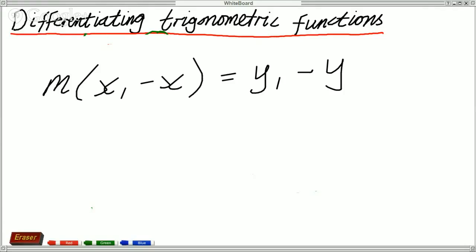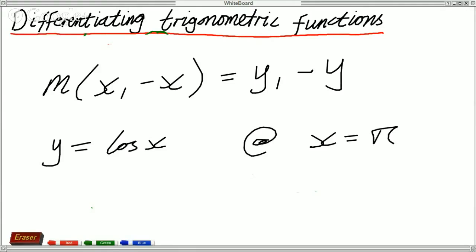So if we had y equals cos x, and we needed to find the gradient at, let's say, x equals pi, for instance, we would differentiate this. Oh, that could be a bad number. Let's say pi on 6. So if we differentiate this, we would get negative sine x.